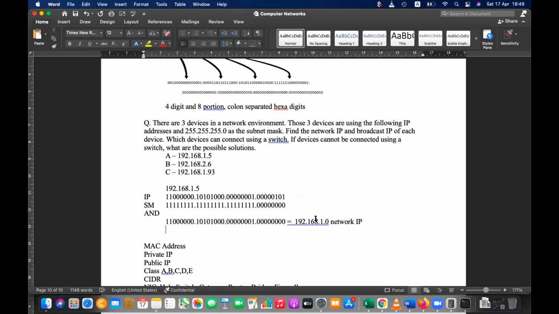If you write the same network IP, but with the last portion filled with ones, that is the last value that you can get in this network. The last value is all ones, which means 255. We call this the broadcast IP.